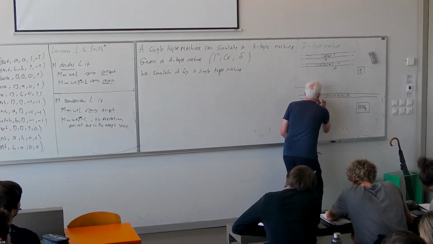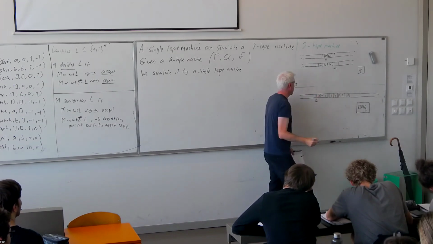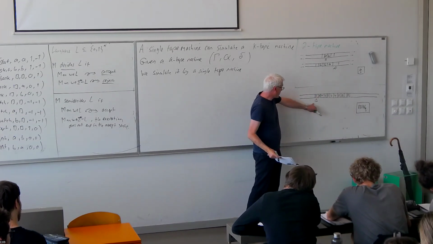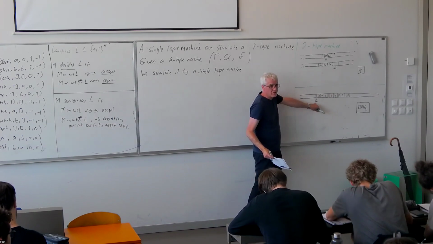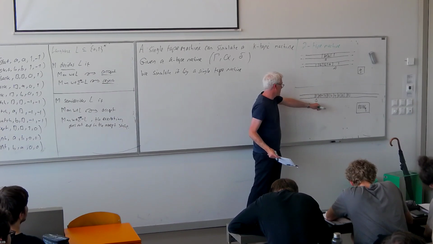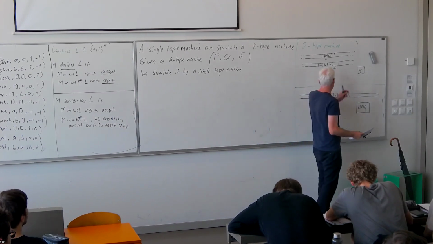And when we're in now Q, I always want the single head that we've got for the one tape machine to be at the left of the encoding string. Okay, so this is my encoding of the configuration Q.